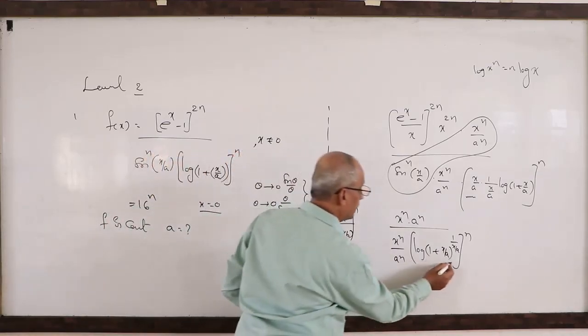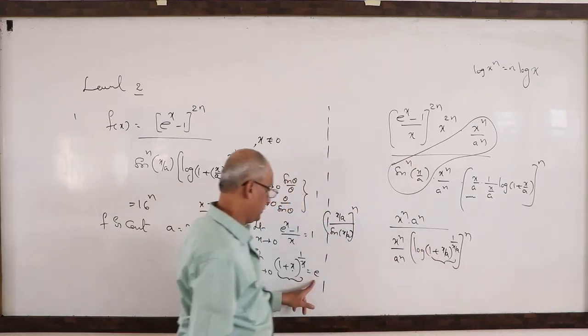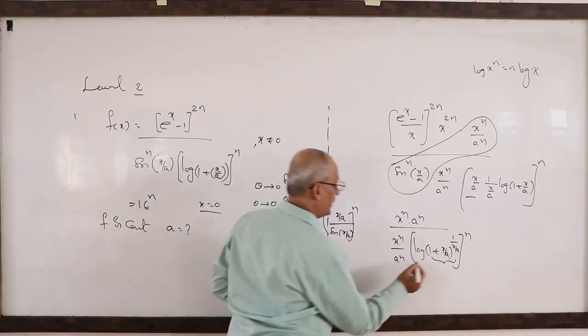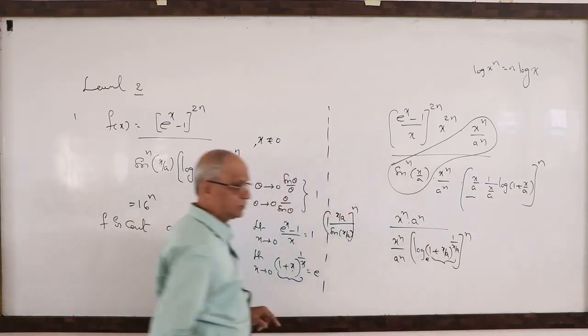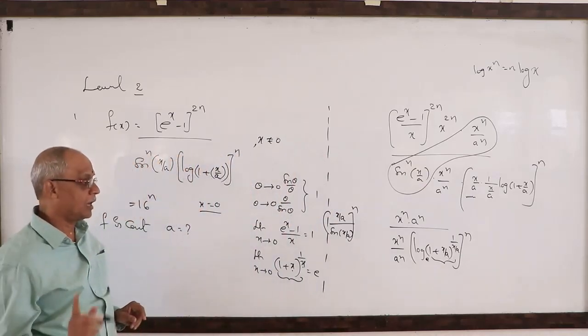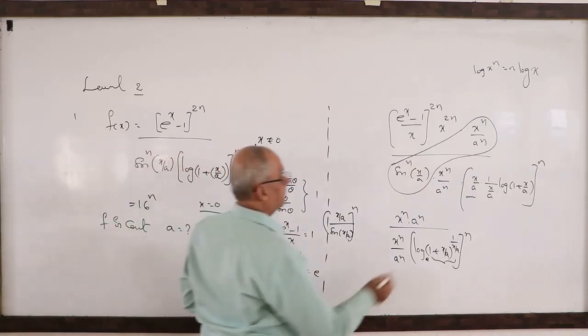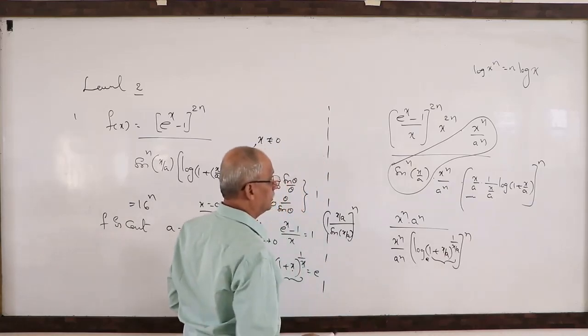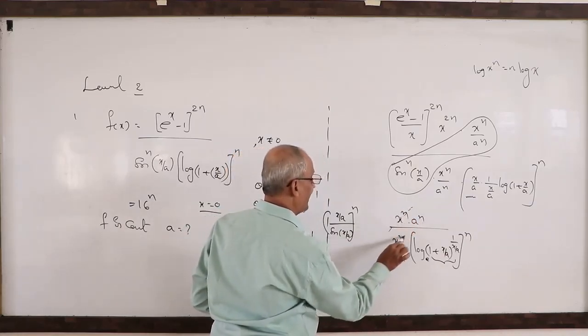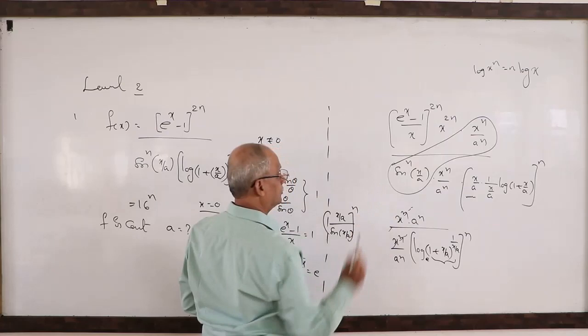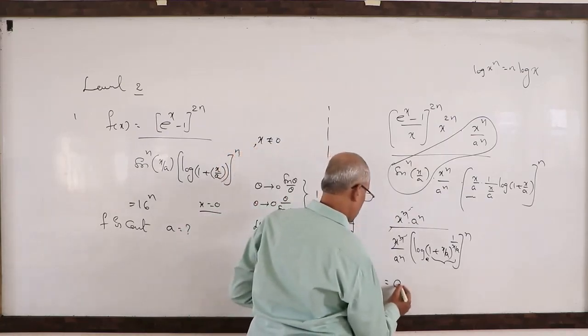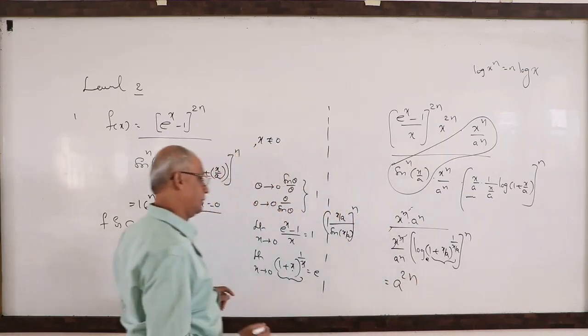This is 1, meaning e. When base is not mentioned, throughout calculus it is base e. Log e base e is 1. Power n even, no problem. Then here x power n cancel. Again this will go to numerator. Overall what are we getting as the final answer?